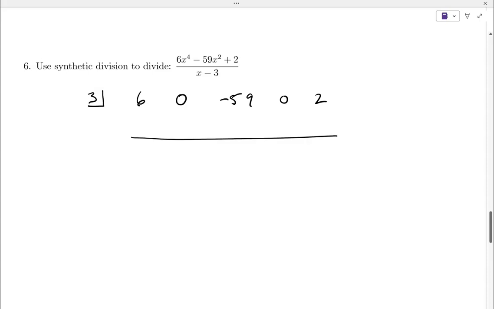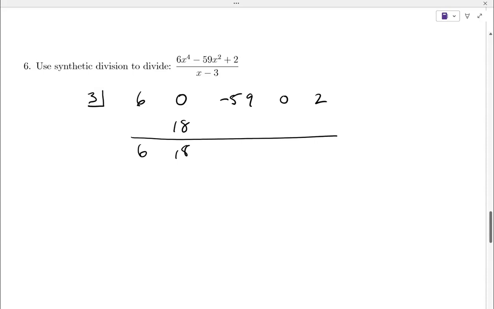And now the process is, bring down the coefficient. First coefficient, bring down the 6. And then it's repetitive. What do I do next? Multiply and get 18. And then add, 18.